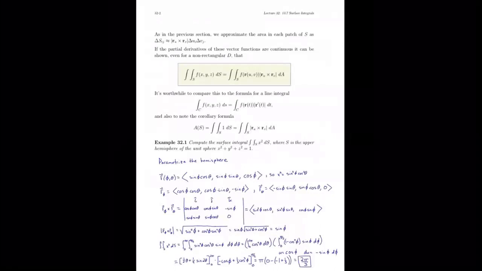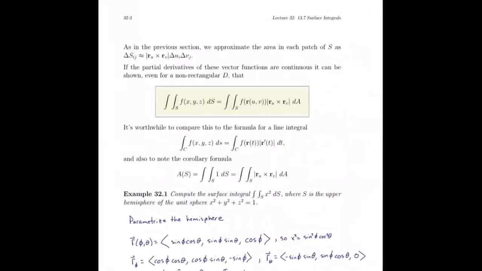Now, remember that each of these patches, delta S ij, we want to dig into that a little bit further, because as is, this version of the integral doesn't really tell us much about evaluating the function f over the surface. We don't want to do it by a Riemann sum and a limit. We want an integral formula. So to that end, we go back and look at what these delta S ij's are. Well, remember that that is the area of a patch.